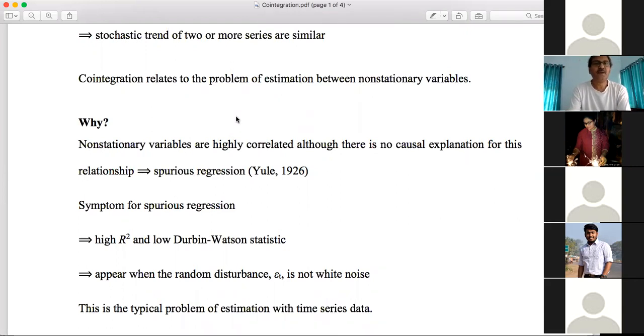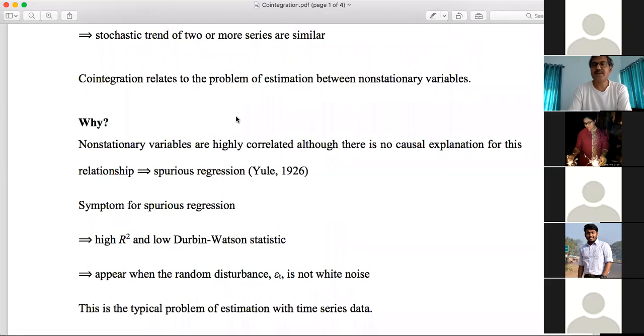Now, one important feature of non-stationary time series is that they are highly correlated, although there is no causal explanation for the relationship between them.